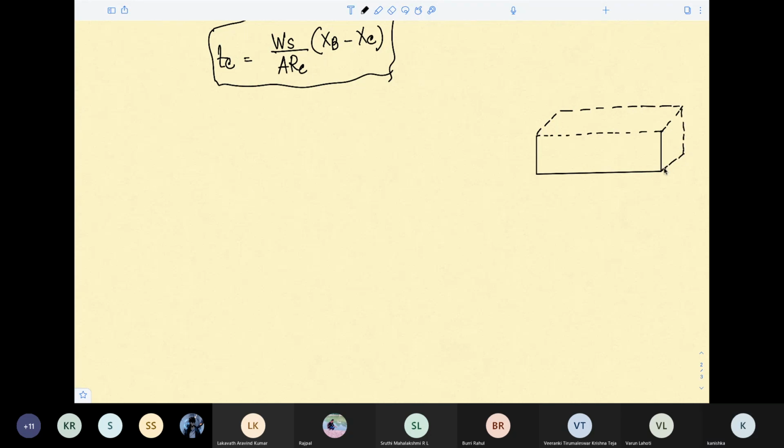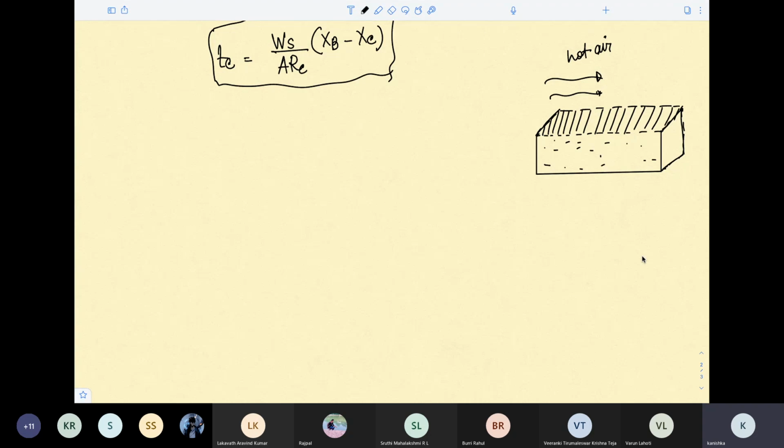So we have food here in this tray, and hot air is passing over the food surface. So what is the exposed area? This is the exposed area.